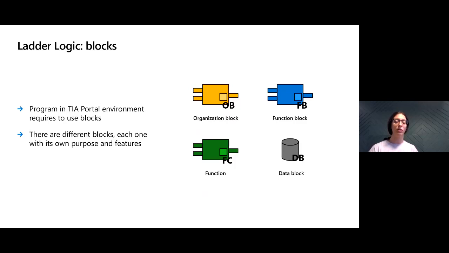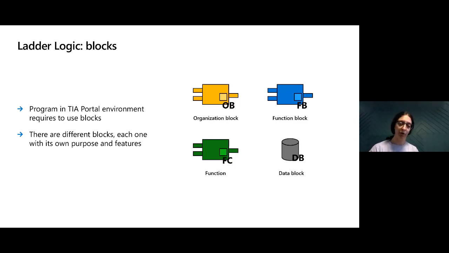This block controls the execution of the program, and it cannot be called by another block. That means only events in the CPU can trigger its execution, like a time interval. There are 15 different types of organization blocks, where the most important one is called program cycle, or in short, OB1. This is the main block of the program.